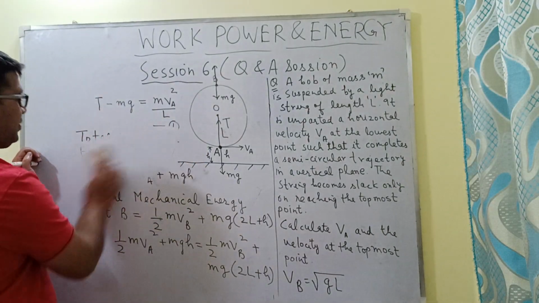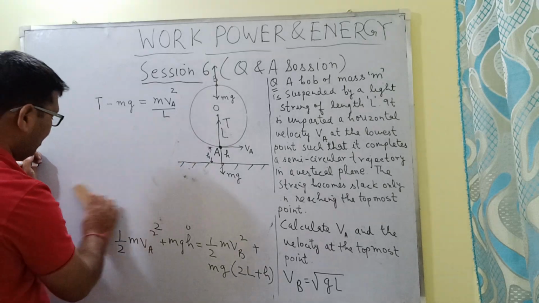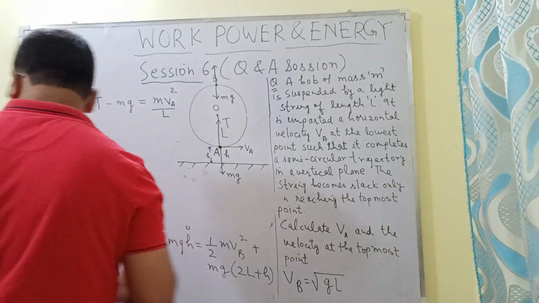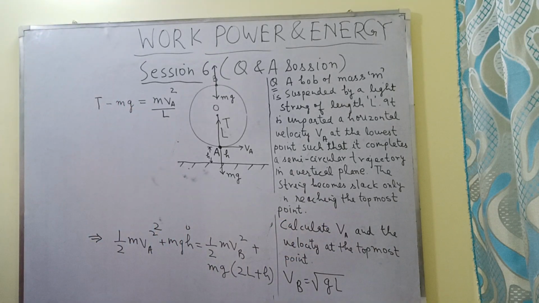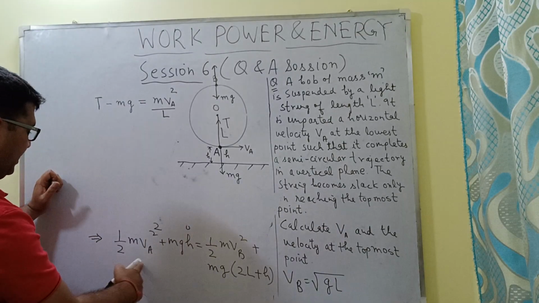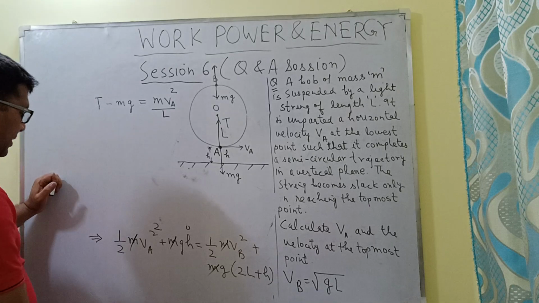Now I will be solving this equation, and with the help of it we will be able to find the value of VA. From here you can see that m and m will get cancelled out.